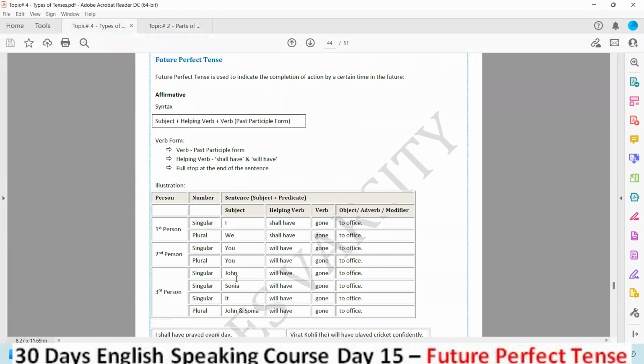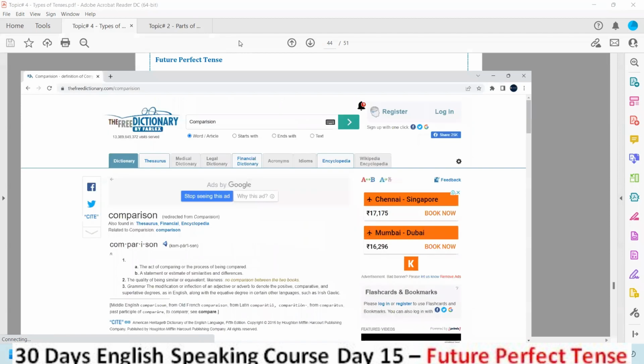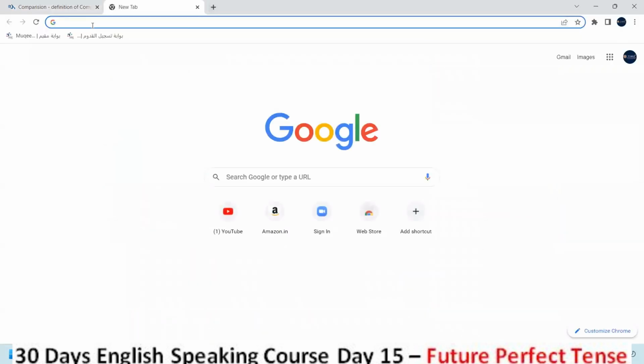Like John will have gone to office, Sonia will have gone to office, it will have gone to forest. Similarly, John and Sonia will have gone to office. Let me translate this.